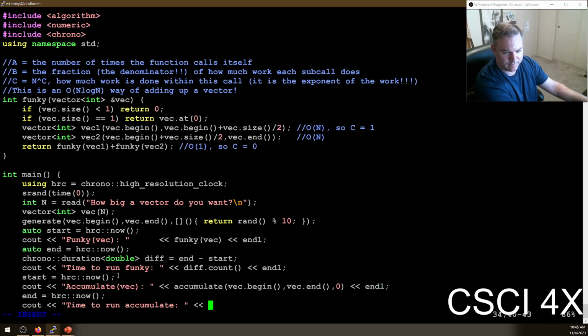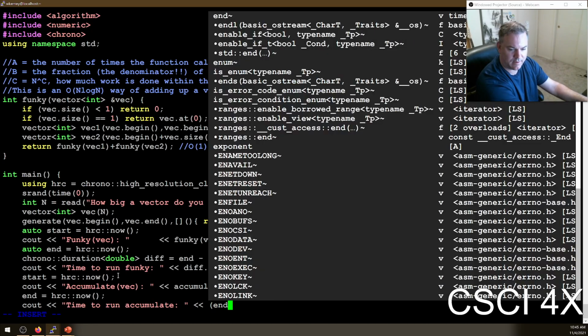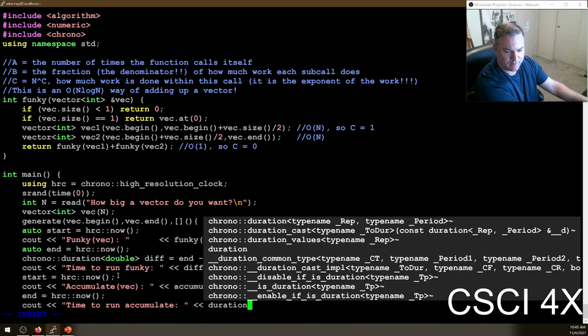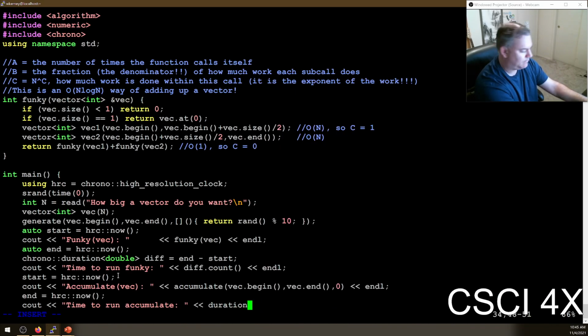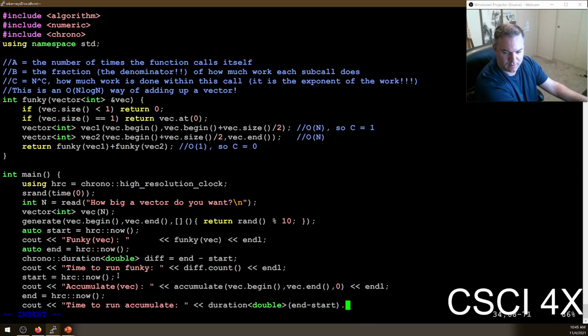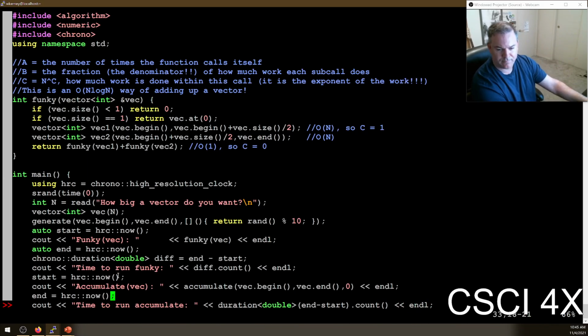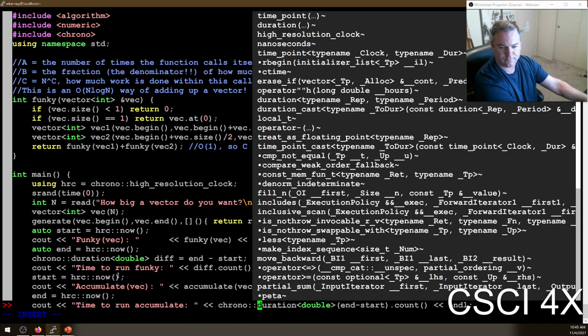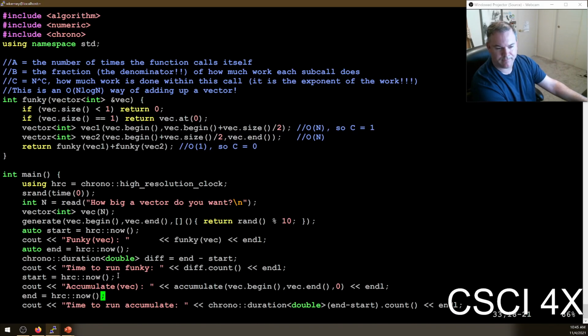Rather than creating the diff, we'll just say end minus start, duration, double, start. No, it doesn't like that. There.